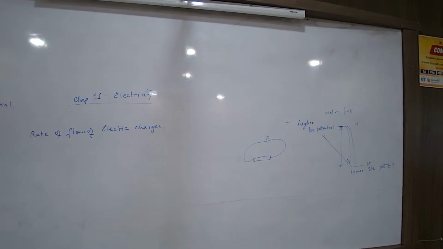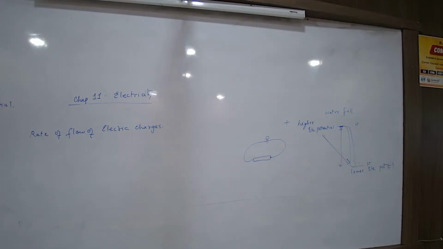Electrons have a negative charge, and one electron has a very, very small charge. So we need a huge number of electrons to pass in order to give us a charge of 1 coulomb. So what is 1 coulomb? It is the unit of charge.